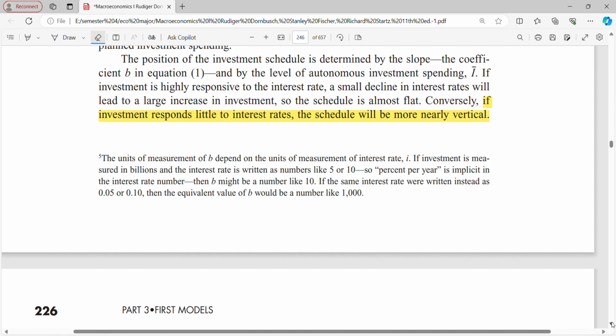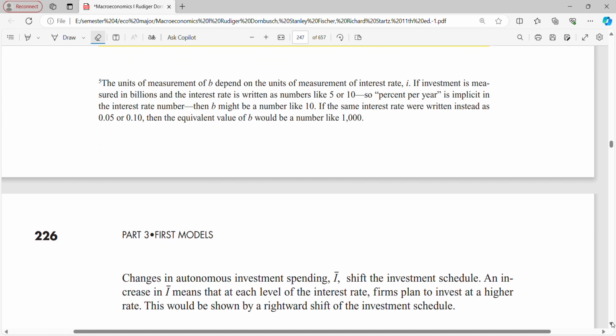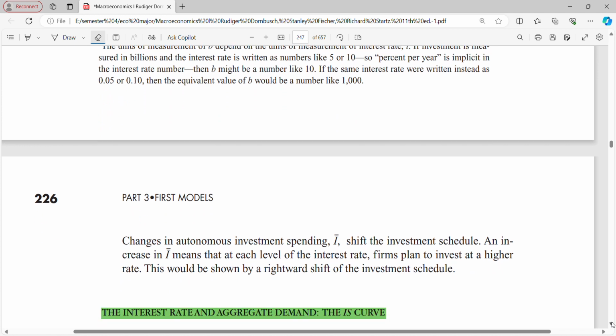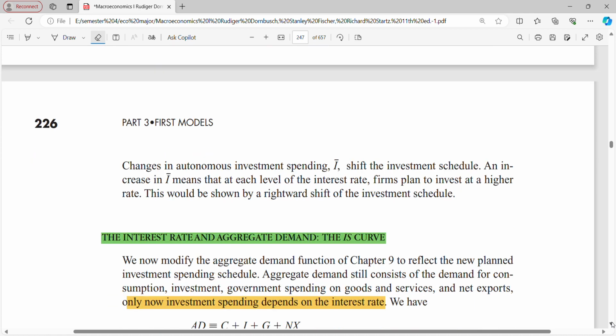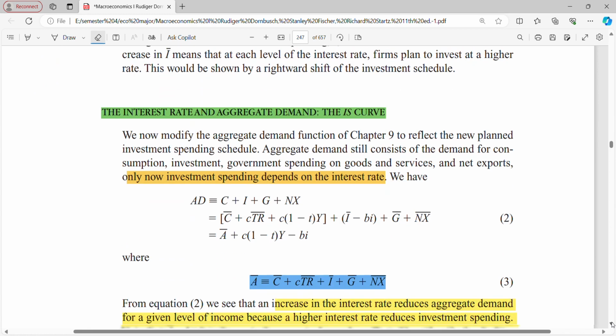Next is changes in autonomous investment spending, that is I bar, which shift the investment schedule. An increase in I bar means that at each level of the interest rate, firms plan to invest at a higher rate. This would be shown by a rightward shift of the investment schedule.